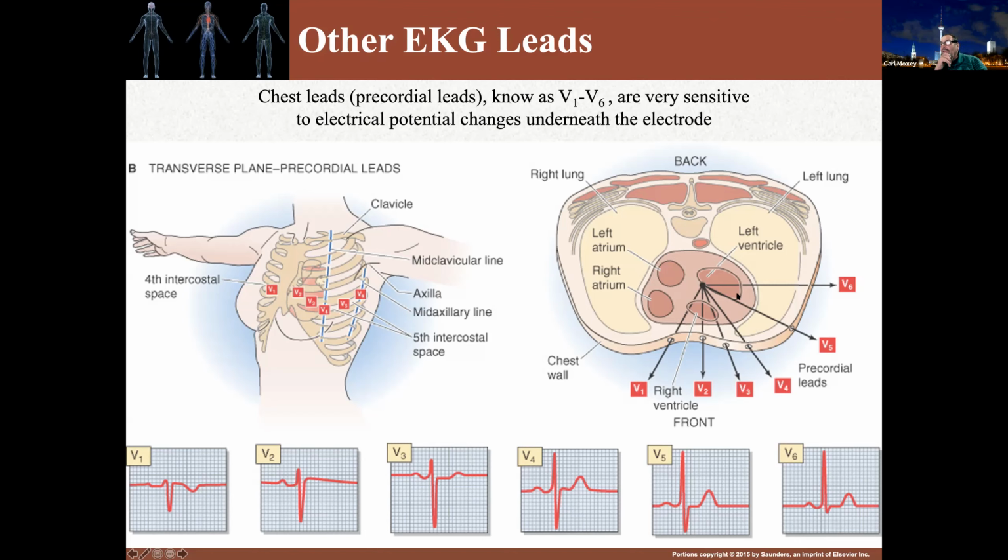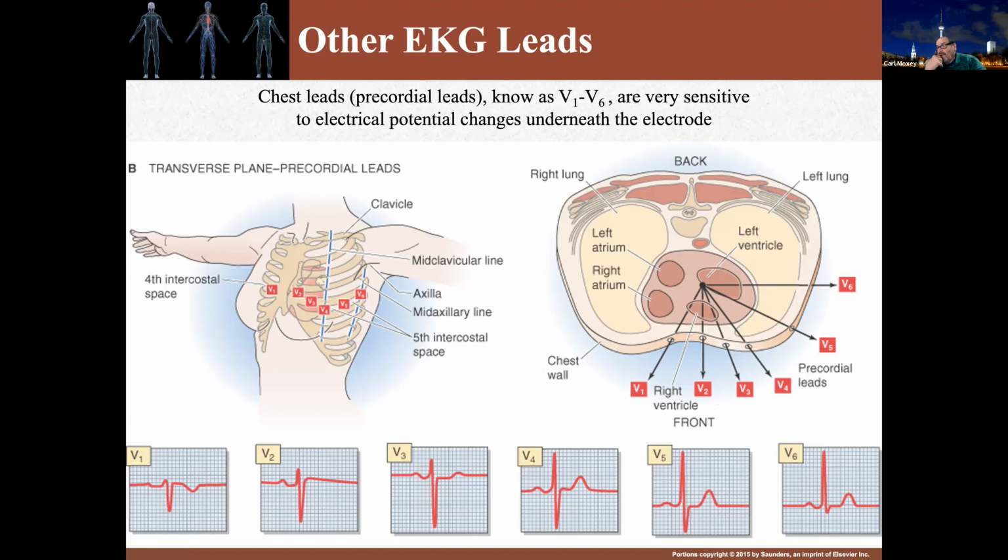And now when you look at this in terms of the vectors that are going to take place, you see in relation to this view of the heart here, you can see how the current is going to be measured. And remember that diagram about positive deflections, negative deflections.